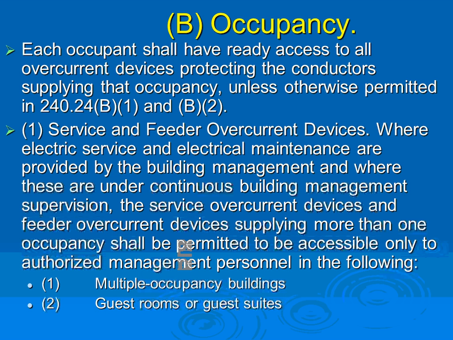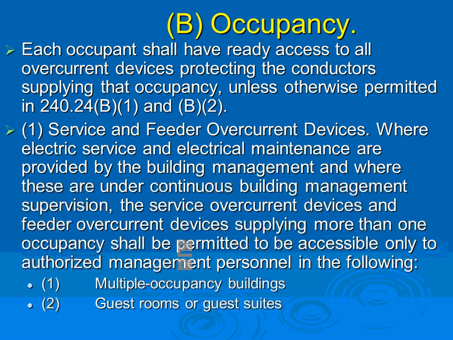Occupancy, service and overcurrent devices shall have access. So this talks about, guys, giving access to the overcurrent devices in occupancies for people who are residing there, with some exceptions, to be accessible only to authorized management personnel in the following: multiple occupancy buildings and guest rooms or guest suites.